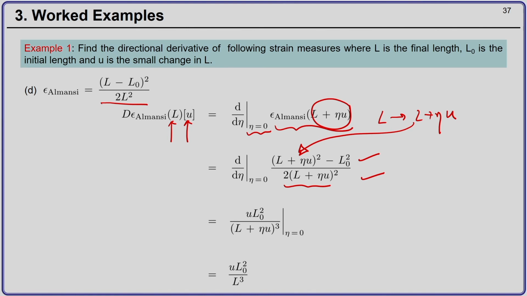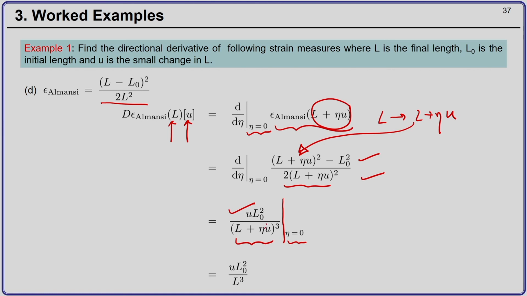So, you can take the derivative of this expression, which is a standard exercise. Finally, you will get u times L0 square divided by L plus eta u the whole cube, and then you have to calculate this at eta equal to 0.